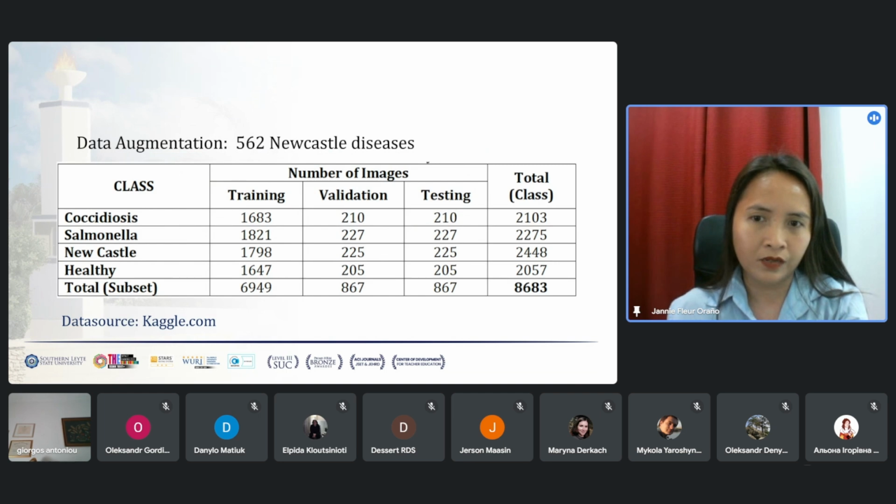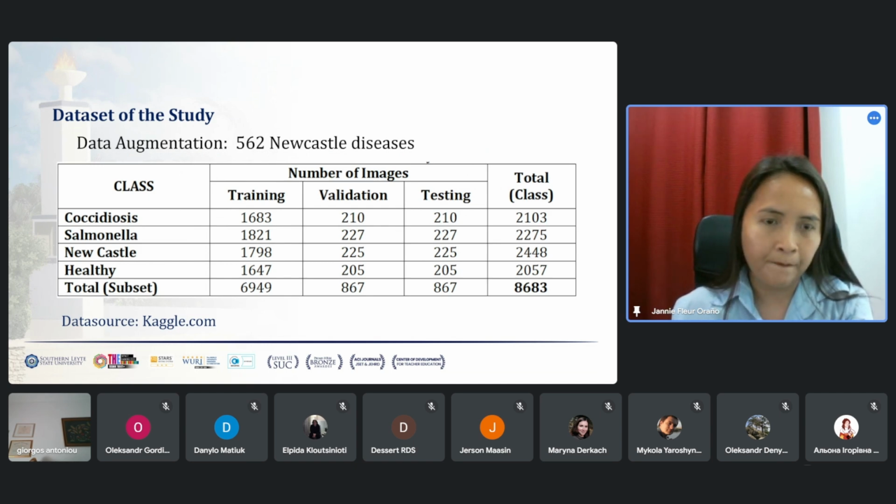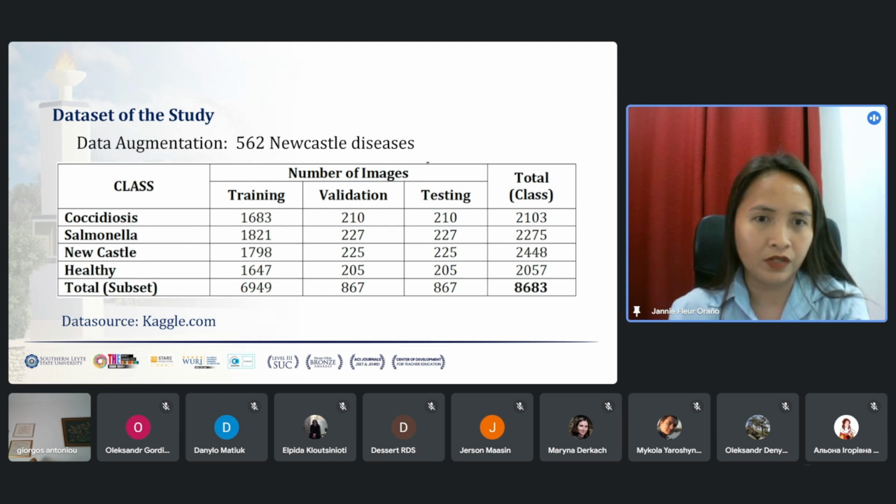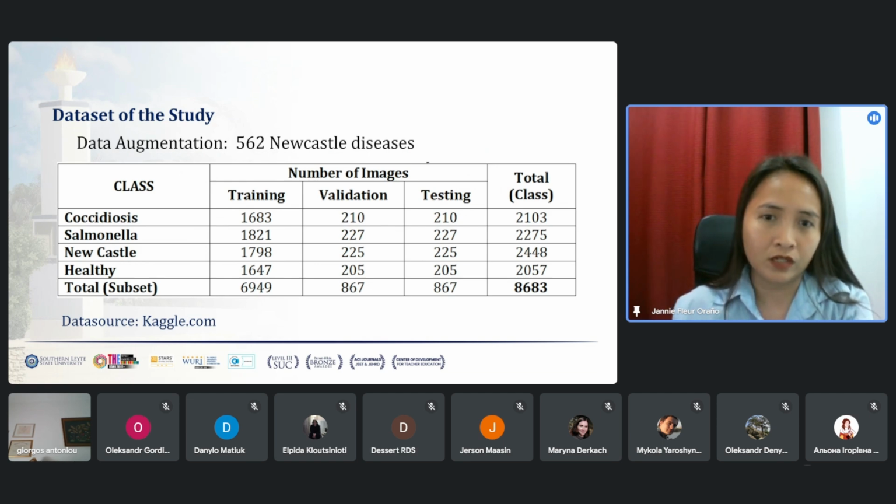This study utilized poultry fecal images, which we downloaded from kaggle.com. Originally, the data for Newcastle disease was only 562, so we applied data augmentation to propagate this data set.